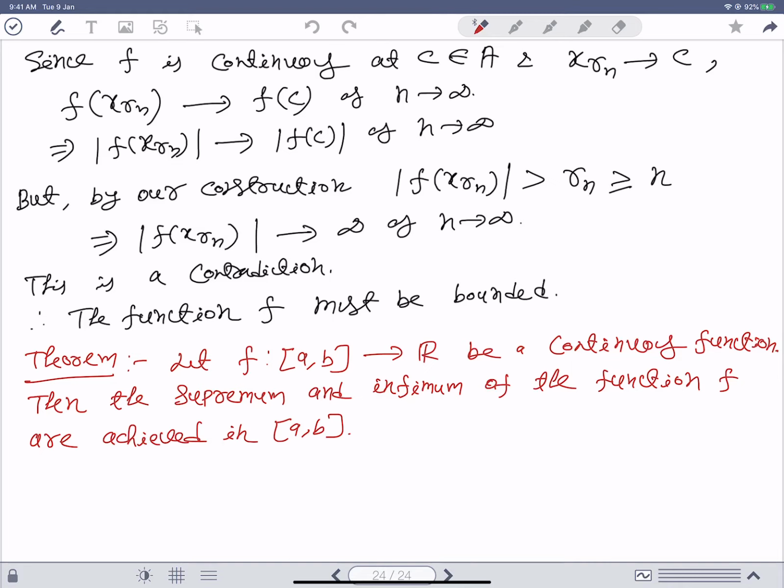Right? So this is the beautiful property when the domain of the function is a closed and bounded interval.